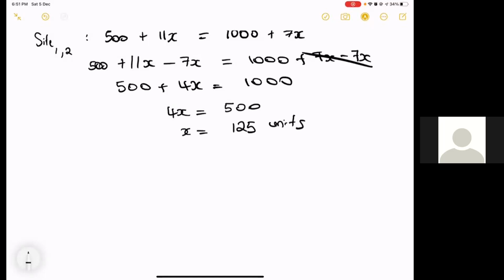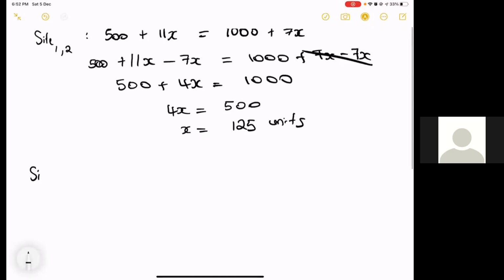So the lines that we will draw for sites 1 and 2 will intersect at the x value, the value on the x-axis, that is equal to 125 units. Now let's equate sites 2 and 3. 1,000 plus 7x is equal to 1,700 plus 4x.